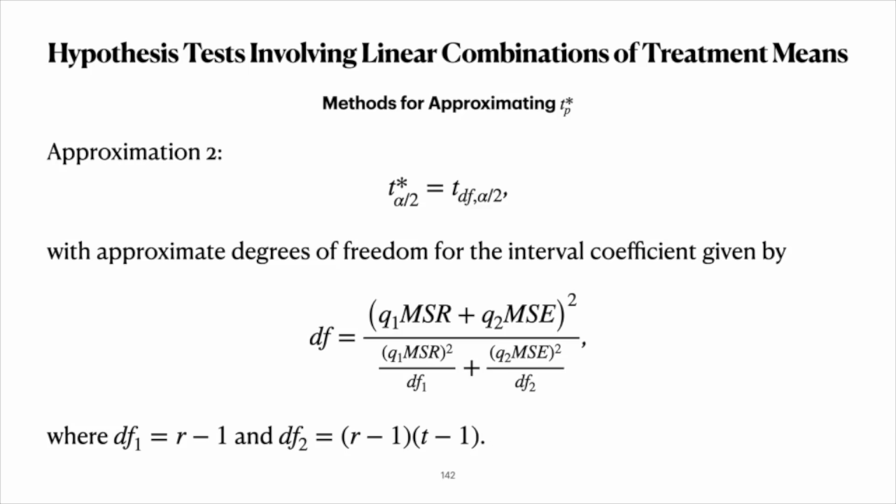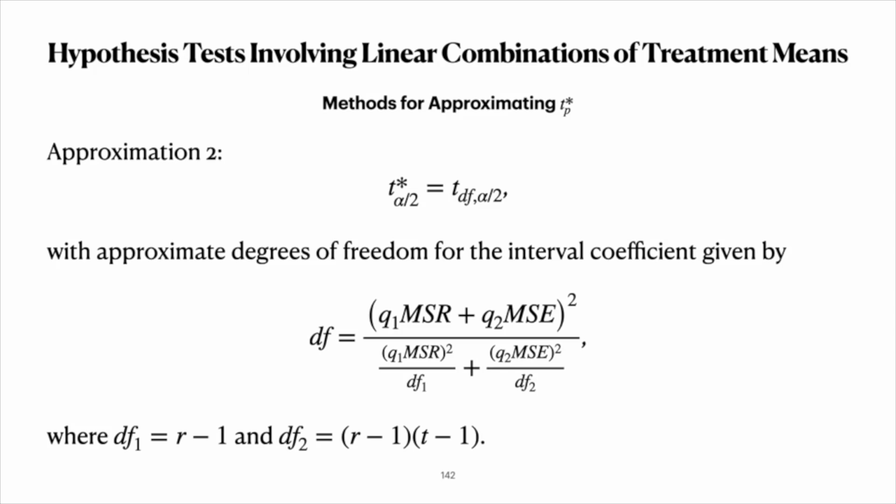So in approximation method 2, what we're doing is approximating the degrees of freedom associated with the estimate of the variability of the estimated linear combination.